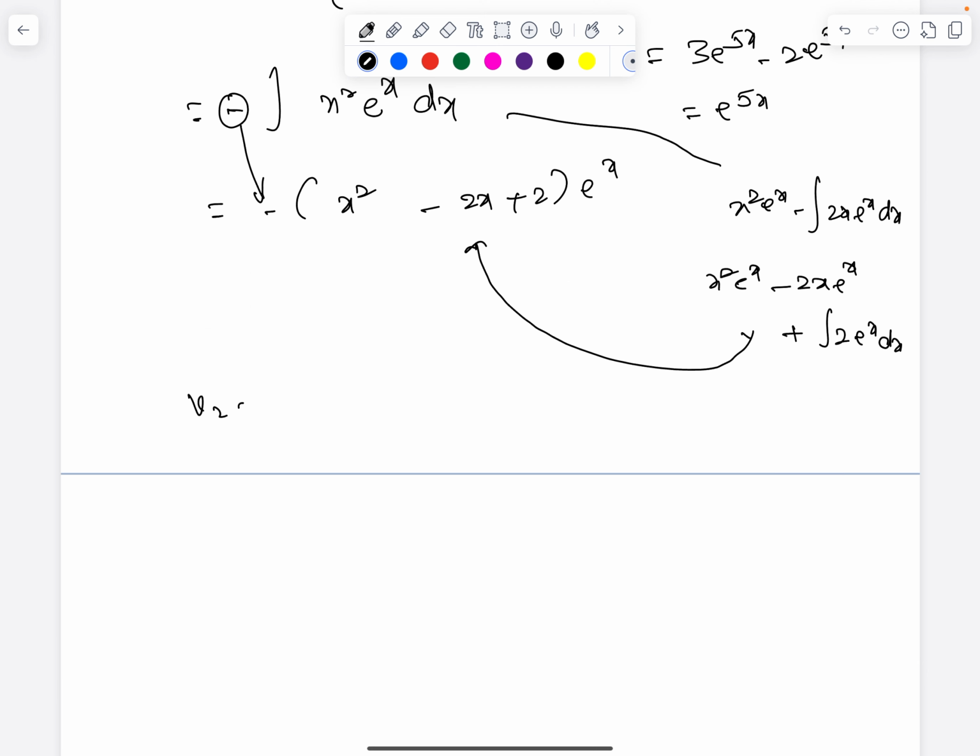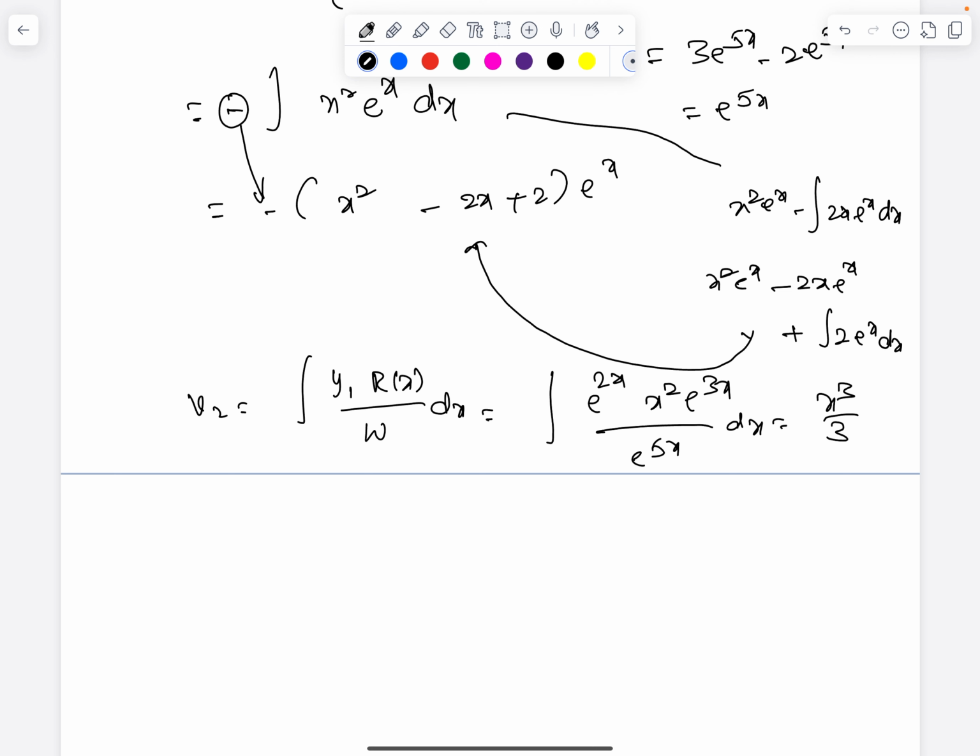So v2 is equal to integral of y1 r of x divided by W, the Wronskian, dx. That is y1 equal to e power 2x, times x square e power 3x, divided by e power 5x, dx, which is x cube by 3.